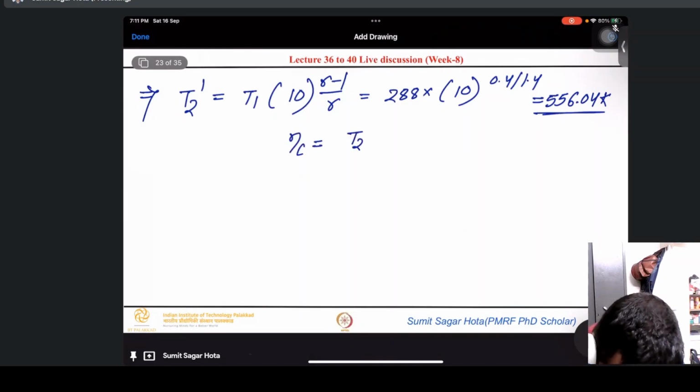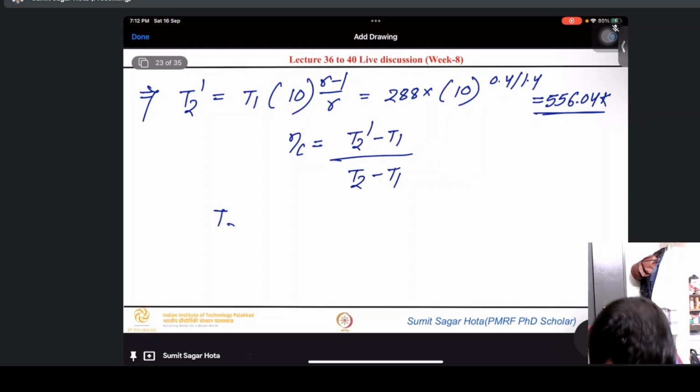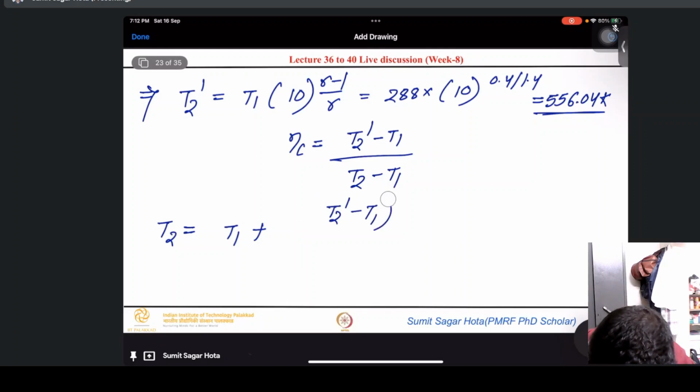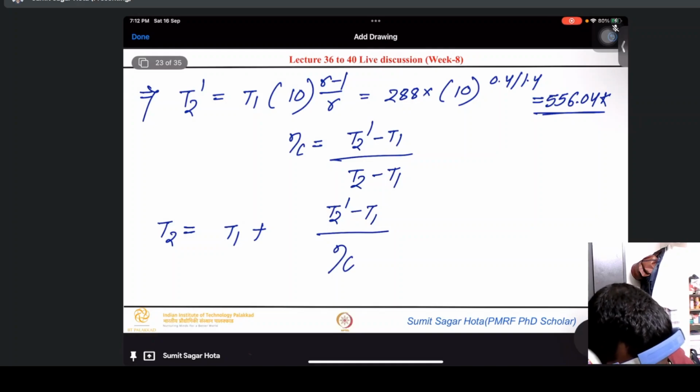Compressor efficiency is T2 dash minus T1 over T2 minus T1, so T2 is the actual temperature, which is equal to T1 plus T2 dash minus T1 divided by ηC, compressor efficiency.